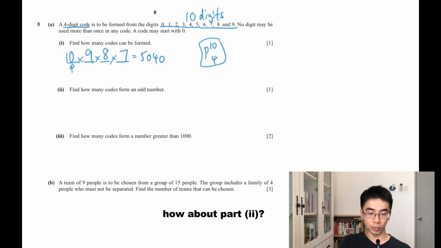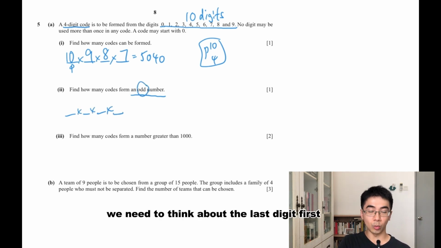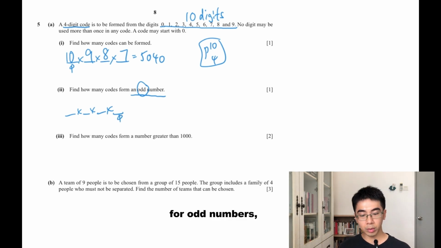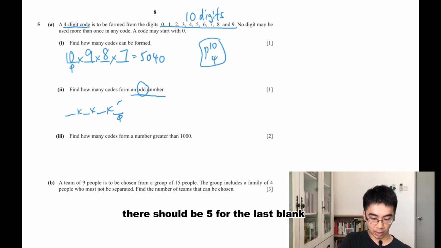How about part 2? For part 2, it must be an odd number. So again, for the 4 numbers here, 4 blanks, this time because of the odd number, we need to think about the last digit. For an odd number, we can have 1, 3, 5, 7, 9. That's 5 digits that can be put in here. So there should be a 5.